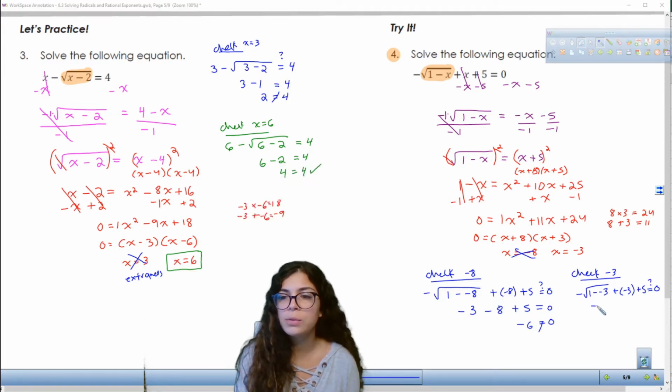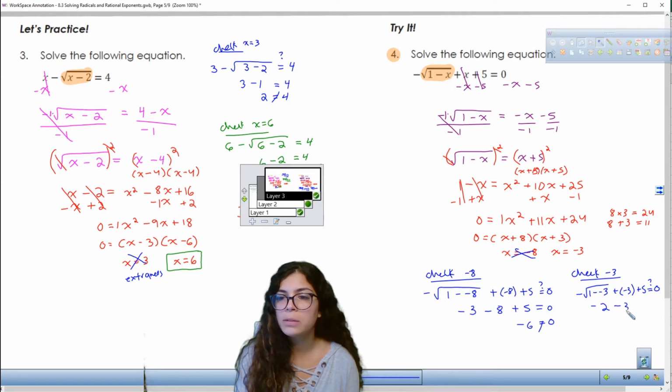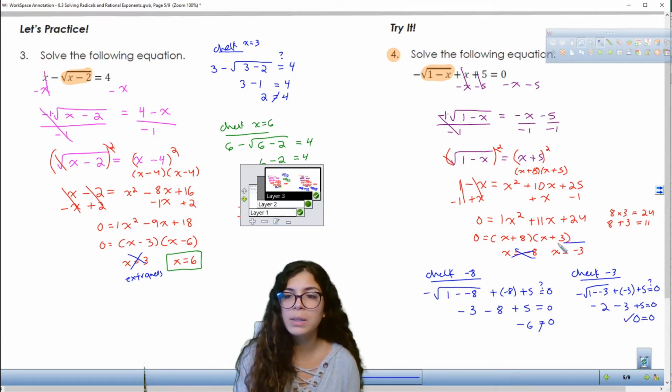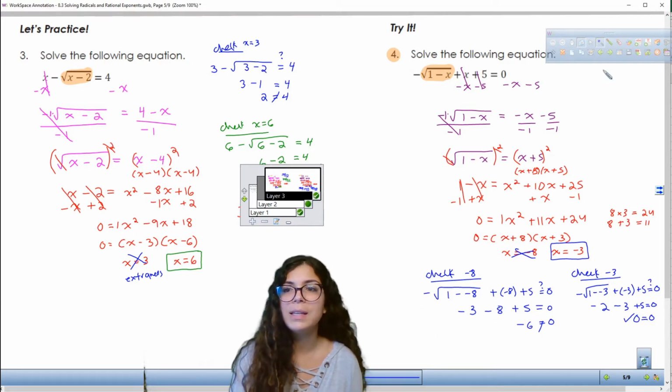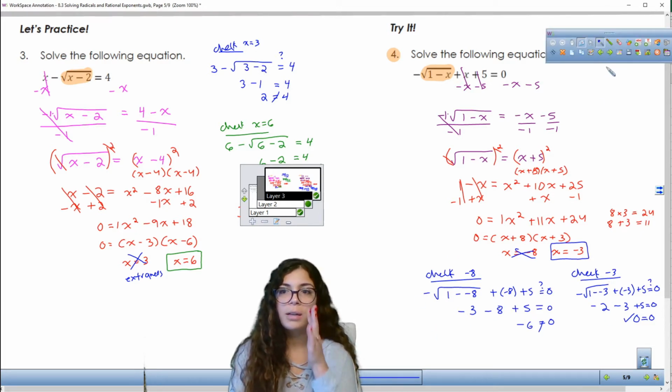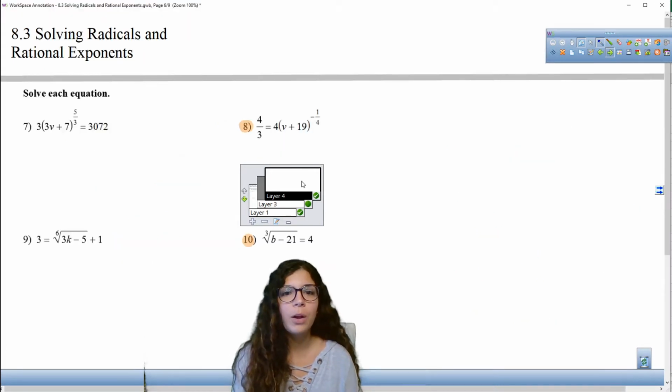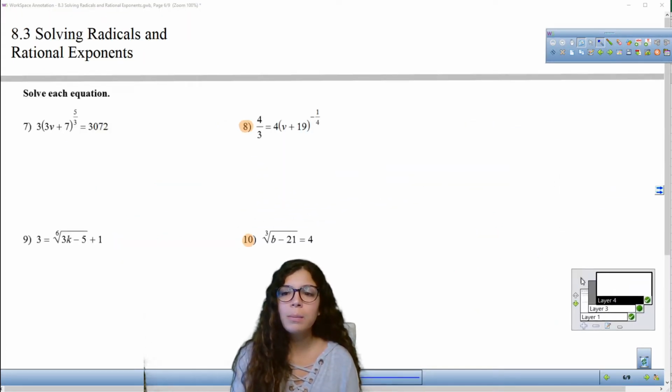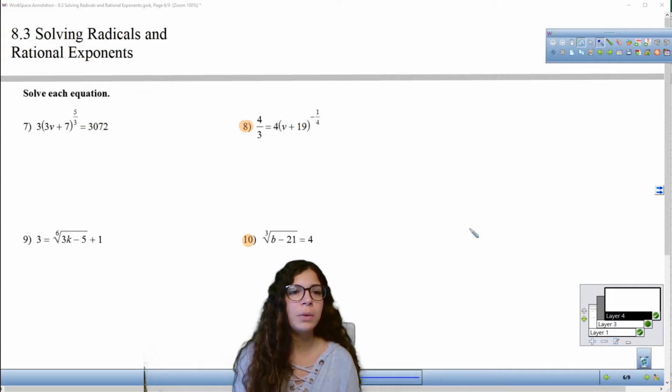Square root of 4 is 2, so this is -2 minus 3 plus 5. Now, -2 minus 3 is -5. -5 plus 5 is 0. 0 equals 0. Yes. So -3 is the only correct solution here. All right. So remember, always check your answer. Okay, so let's move on to some more examples.